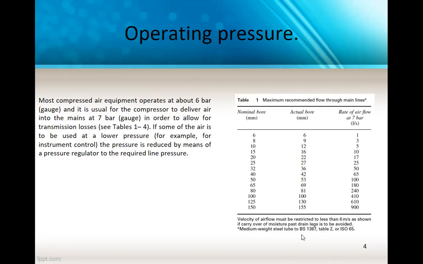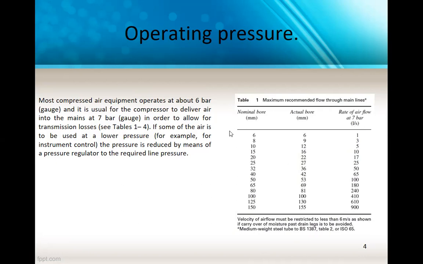Medium weight steel tube to BS 1387 or its equivalent. So, even without this table, you can design as long as your velocity is less than 6 meters per second. Okay? Based on 6 meters per second, these are the values for standard sizes.